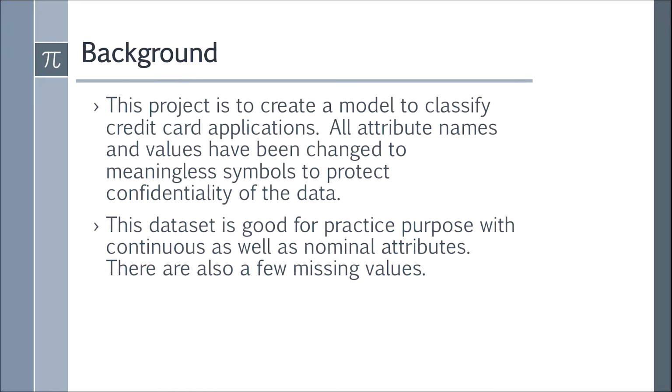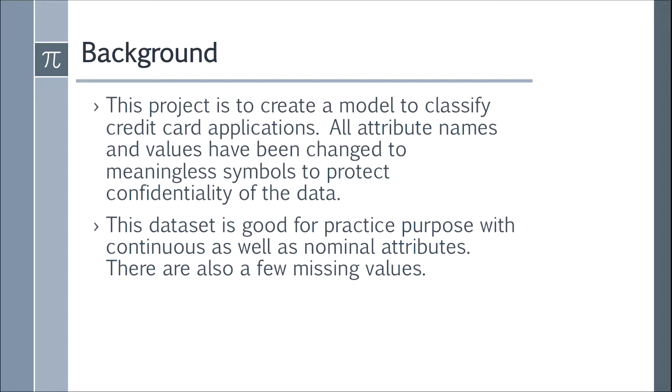This project is to create a model to classify credit card applications. We need to predict whether applicants will pass the credit card application or not. The digital number 1 means the applicant successfully passes the credit card application process, and 0 means the applicant fails.